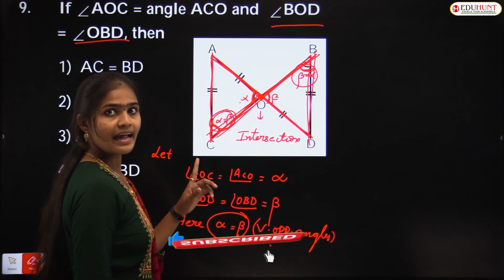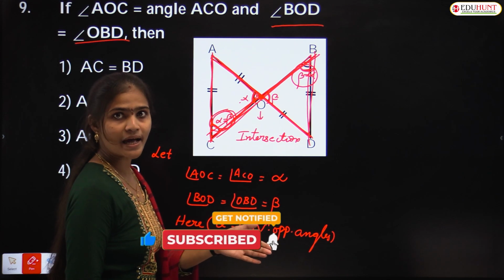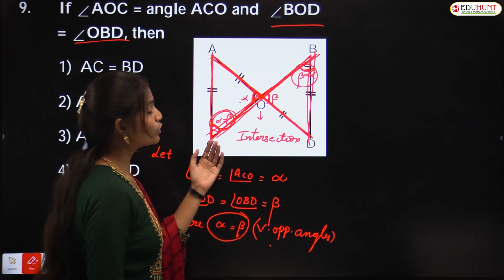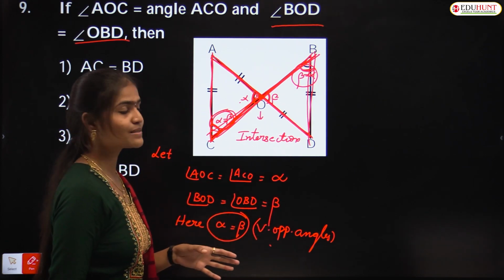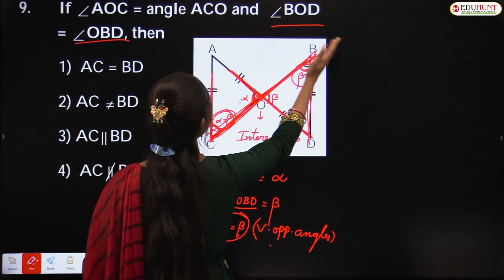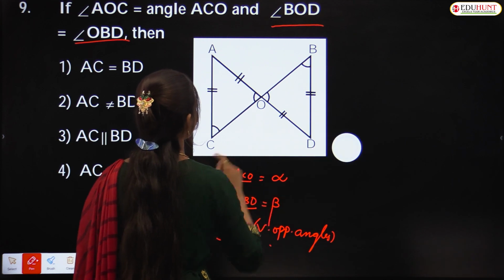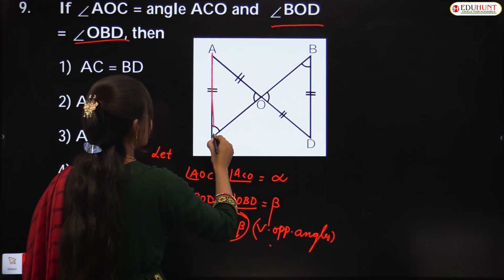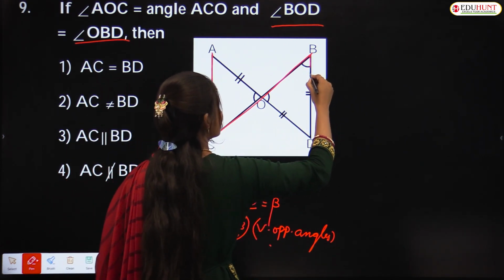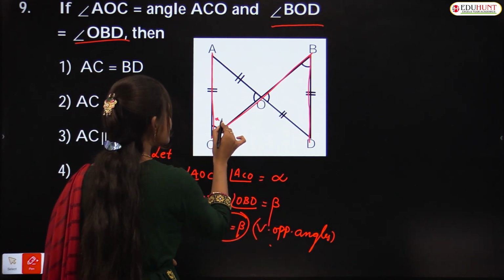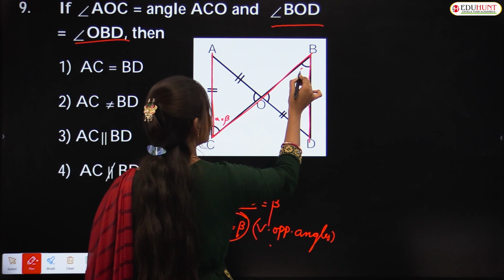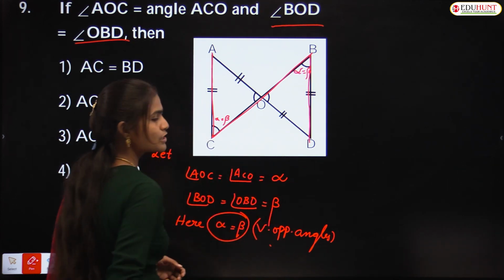AC and BD are two lines. I am not saying parallel lines; we have to prove that. Here I am going to consider BC as a transversal. These two angles are equal: alpha is equal to beta, and this is also alpha is equal to beta.